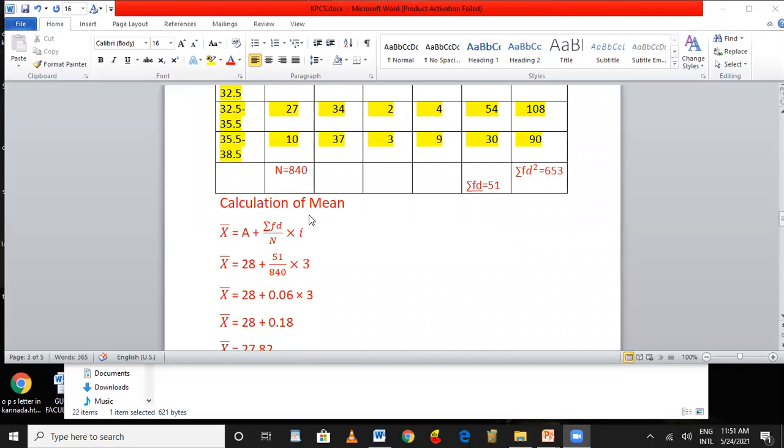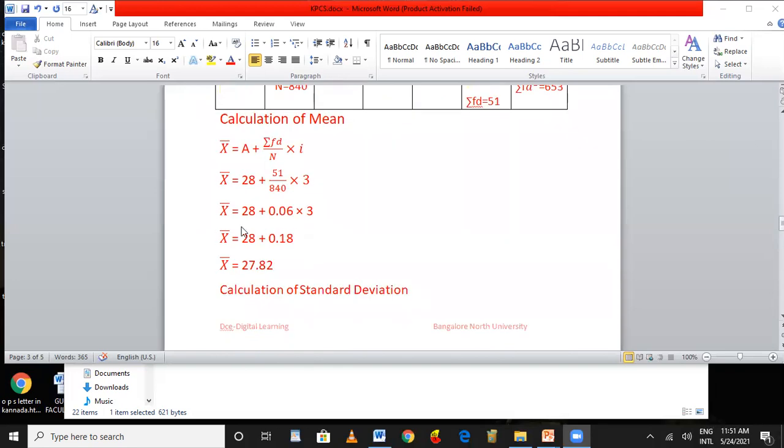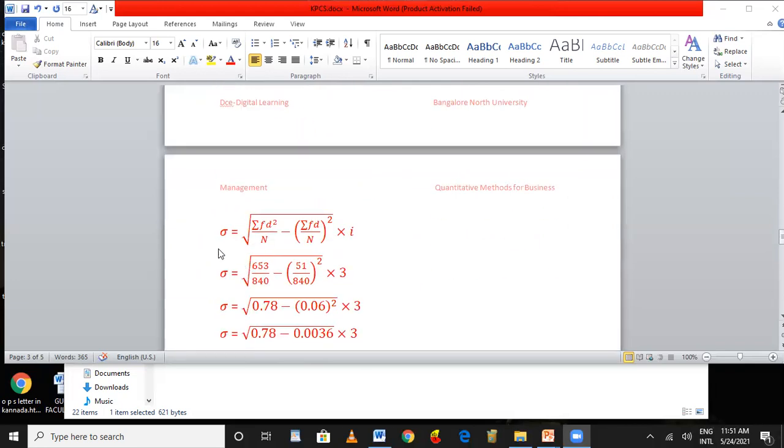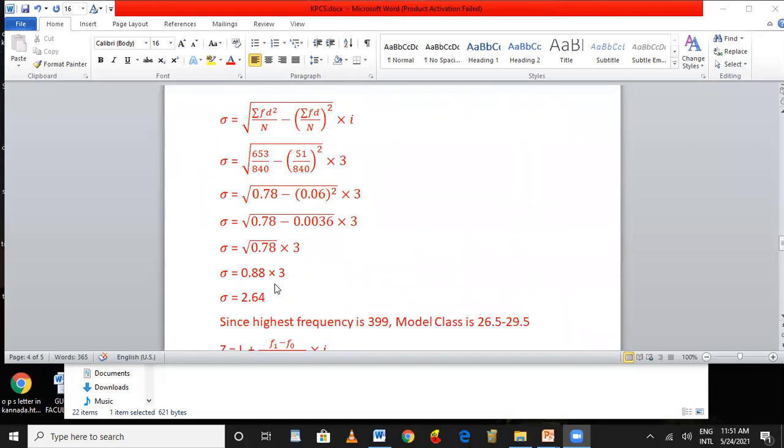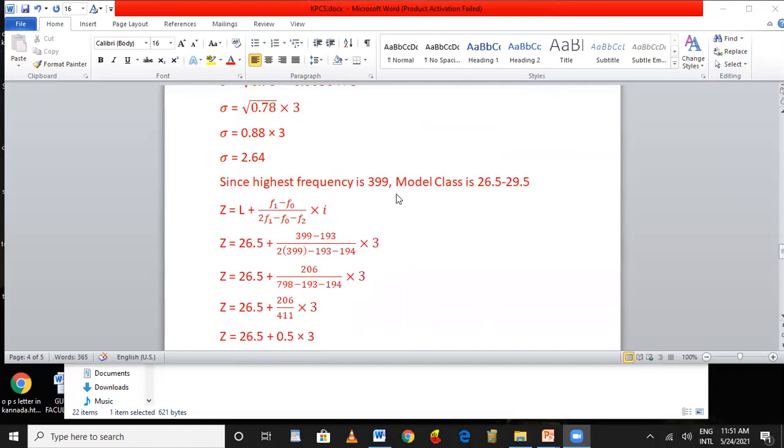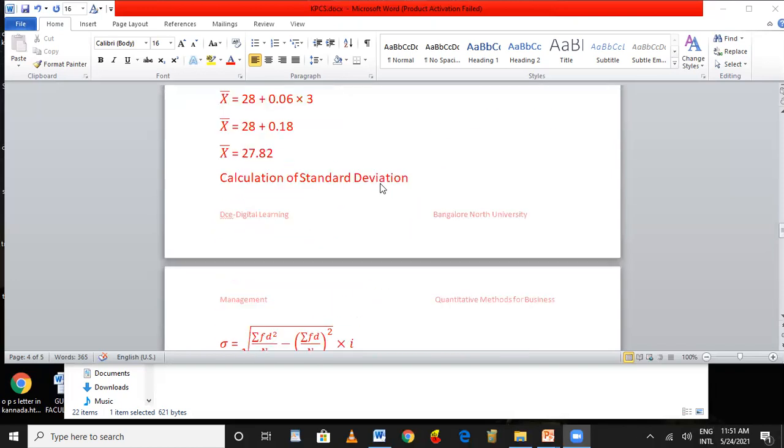We apply the formula for the mean: x bar is equal to a plus sigma fd by n into i. By applying this formula, we get x bar as 27.82. Then we calculate the standard deviation by applying the formula, and we get 2.64. For the mode, the highest frequency is 399.